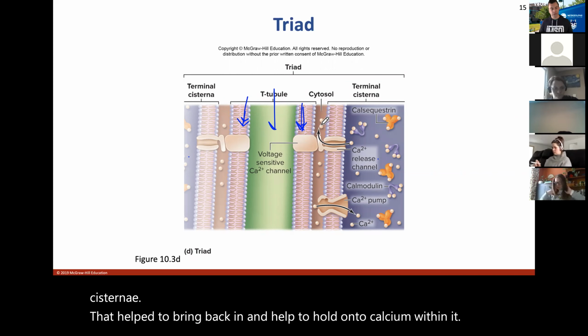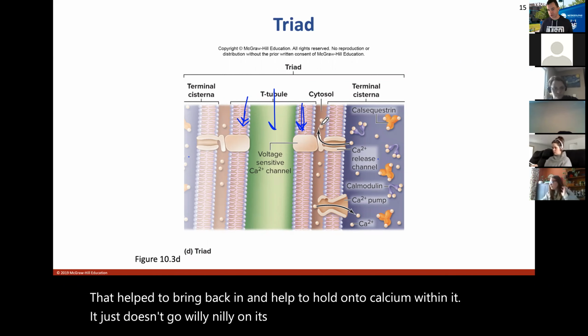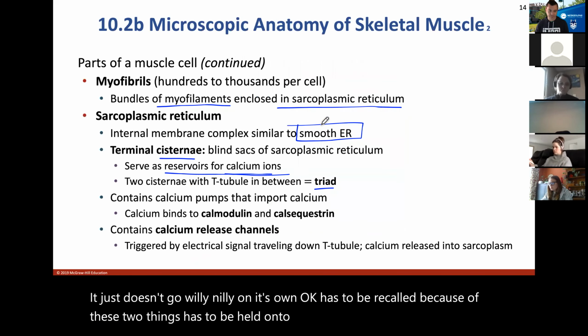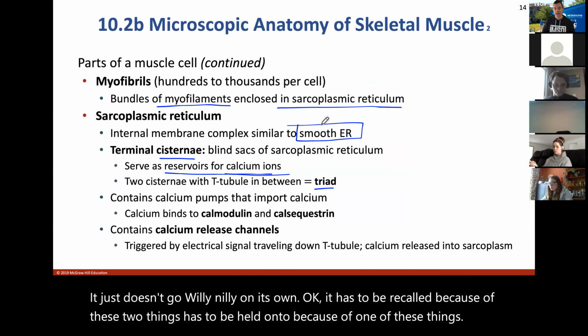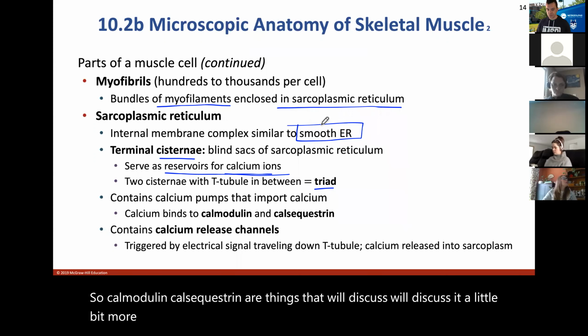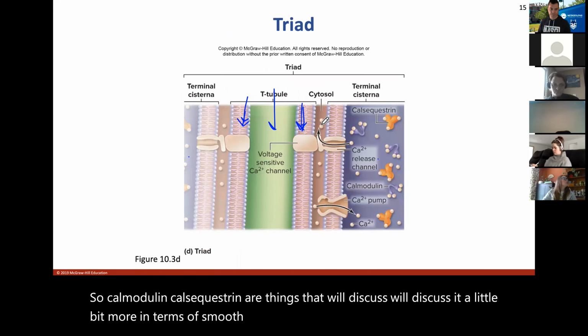It just doesn't go willy-nilly on its own. Okay, it has to be recalled because of these two things. It has to be held on to because of one of these things. So calmodulin and calsequestrin are things that we'll discuss. We'll discuss it a little bit more in terms of smooth muscle, though.